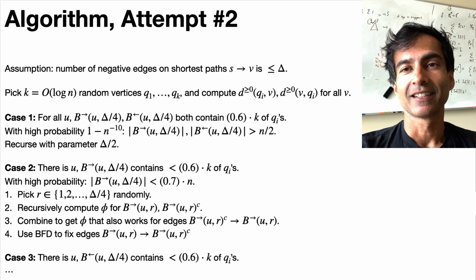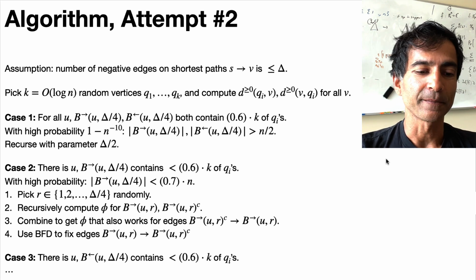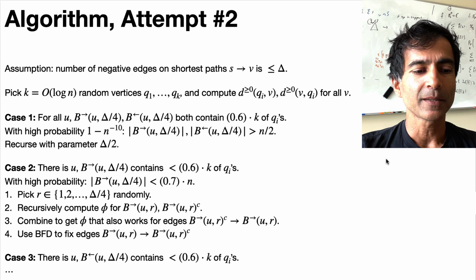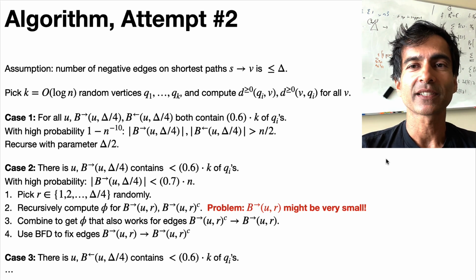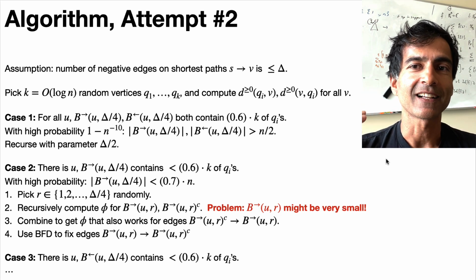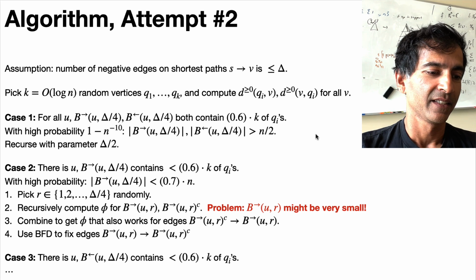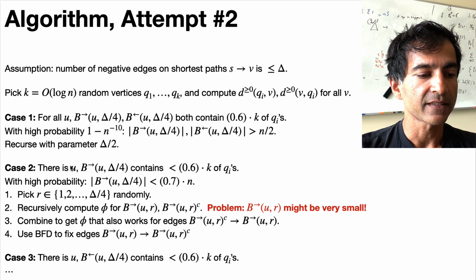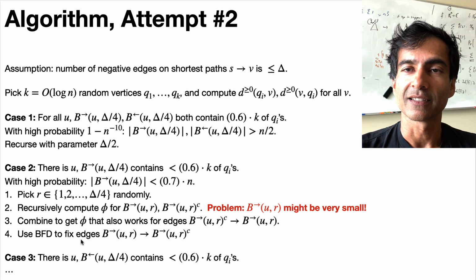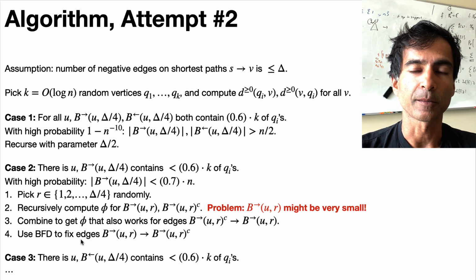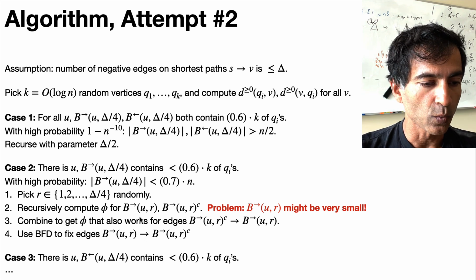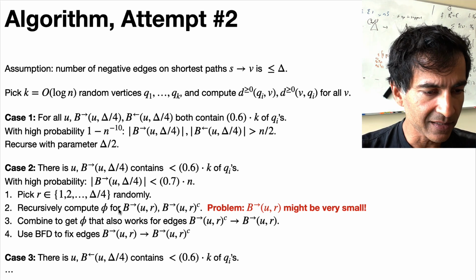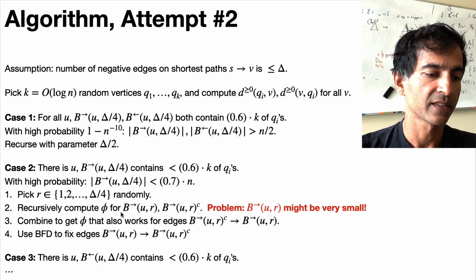So that's our second attempt at writing an algorithm. And the problem with this approach, it almost works except for the analysis of the running time. The execution of a single round of this algorithm is almost linear, nearly linear. That's not a problem. The problem is that one of the recursive calls here, this ball is guaranteed to be small, and that's okay.